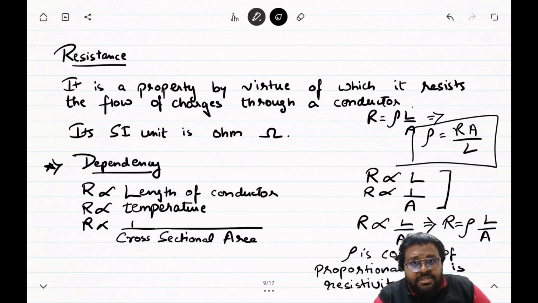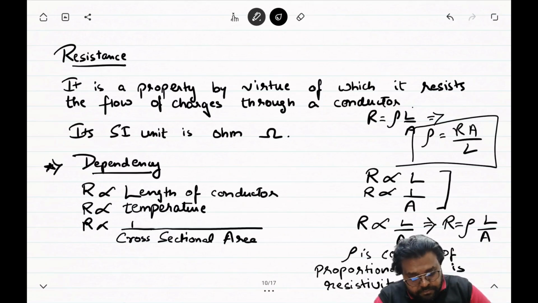So resistivity is numerically equal to resistance when the cross-sectional area of a conductor is 1 meter square and when the length of the conductor is 1 meter. So from here we can also define resistivity mathematically.